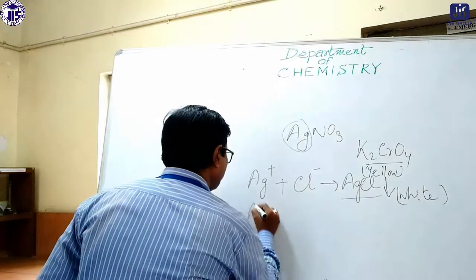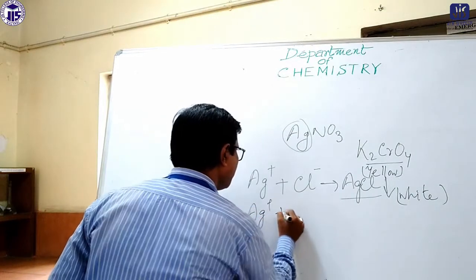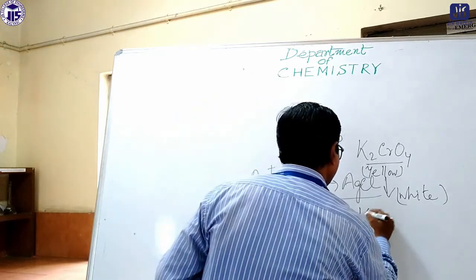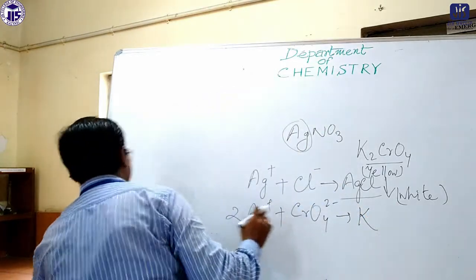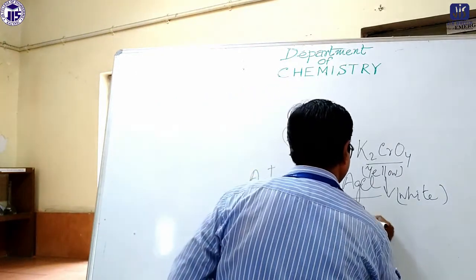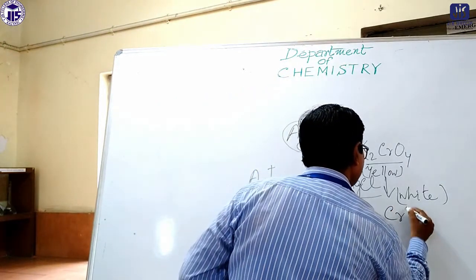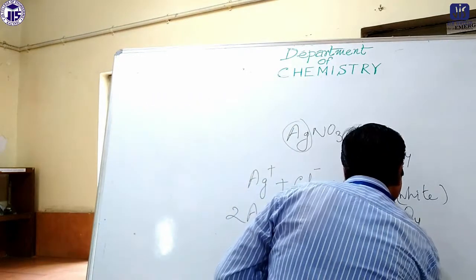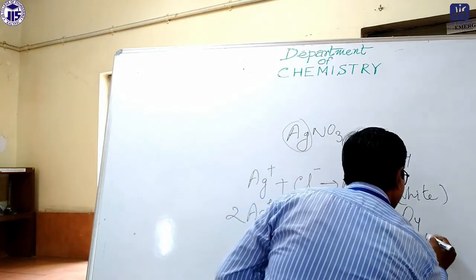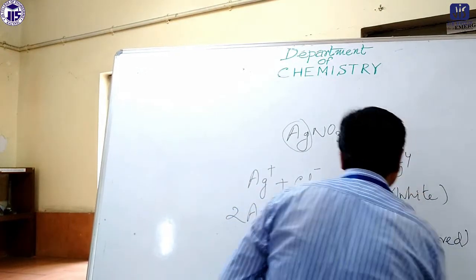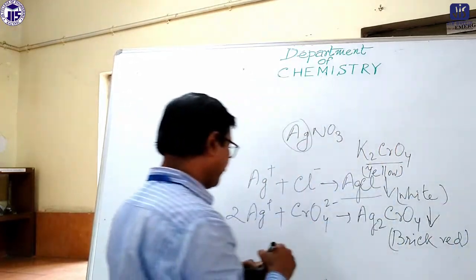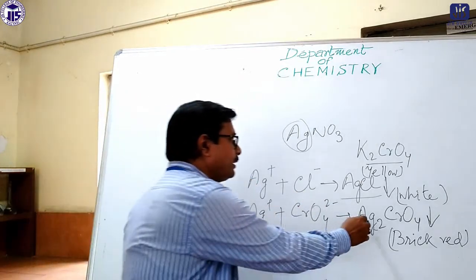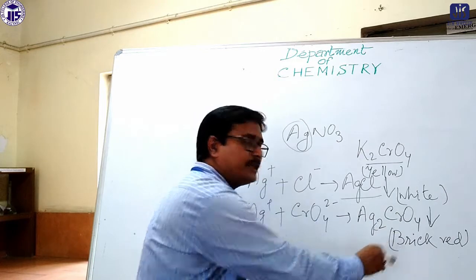So 2Ag+ plus CrO4 2- forms Ag2CrO4, which is a brick red color precipitate.